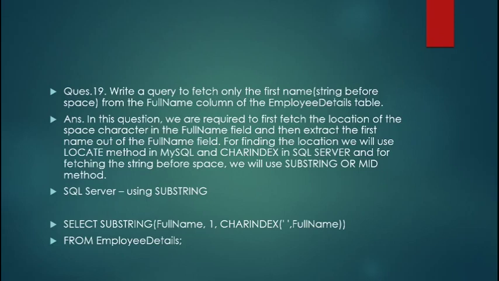So I have to find the location of the space character in the full name and then extract the first name out of the full name field. For finding the location, we will use the locate method in MySQL and charindex in SQL Server, and for fetching the string before space we will use the substring or mid method. In SQL Server we use substring.